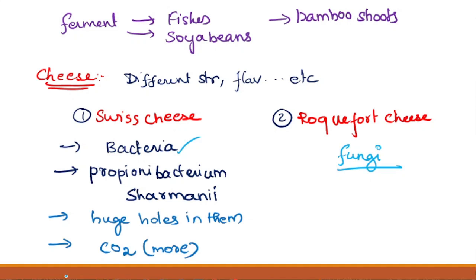So let's recap what we have studied. Initially we discussed curd. Curd is formed from lactobacillus bacteria, or lactic acid bacteria, LAB. This LAB produces acid that converts the milk into curd by coagulating it and partly digesting the milk protein.